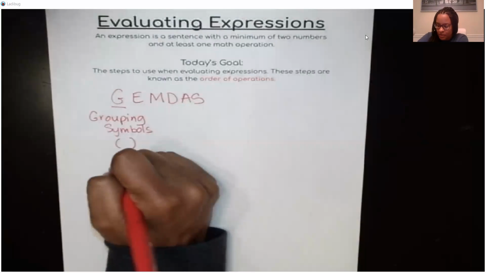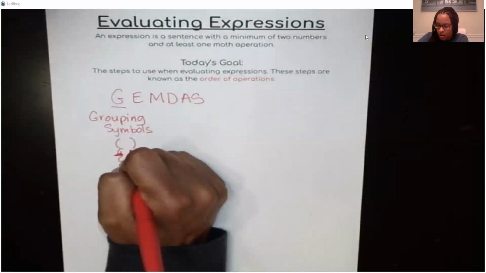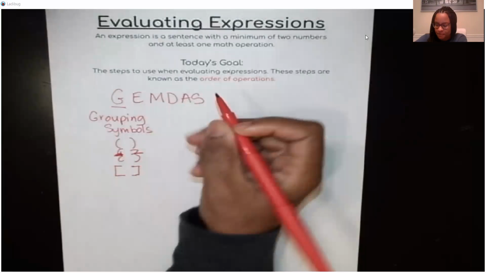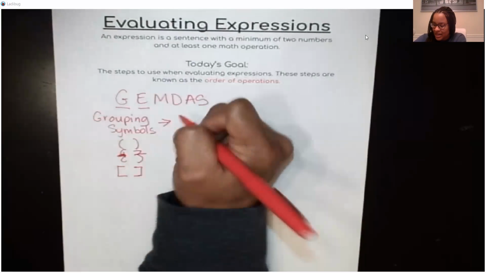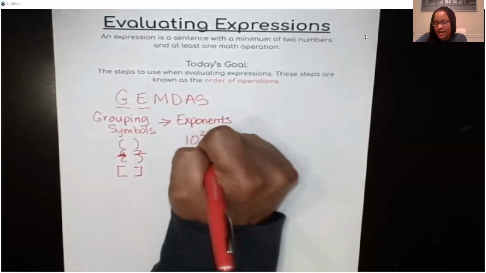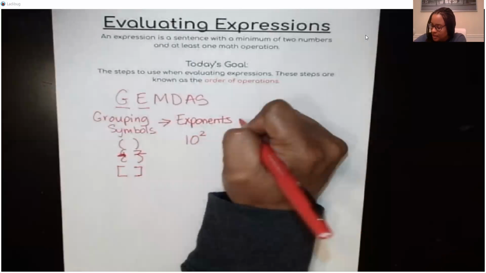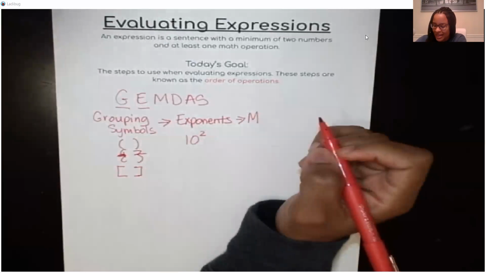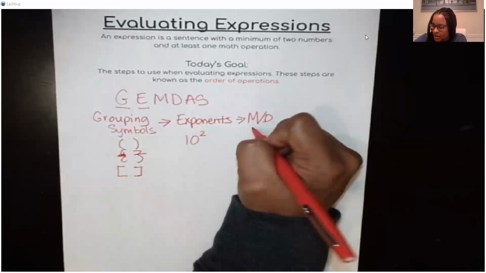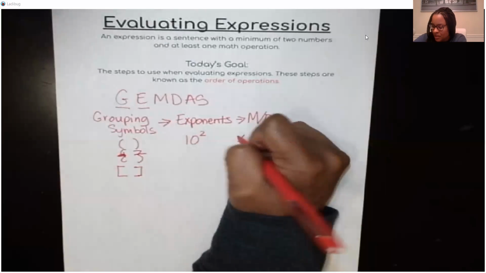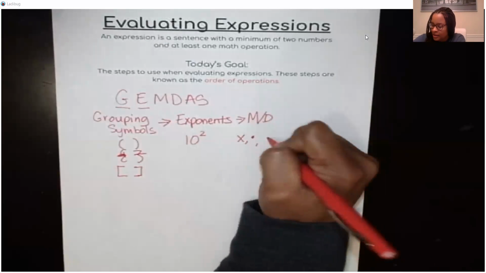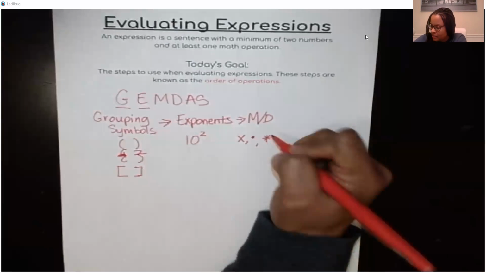So remember that we can do all of the grouping symbols that we've talked about so far in 5th grade, okay? And then the E stands for exponents, okay? So like remember when we did 10 to the 2nd power, okay? The M and the D stands for multiplication and division. So we know that multiplication symbols can be the X, or it can be a dot, or it can be like an asterisk symbol or star symbol.